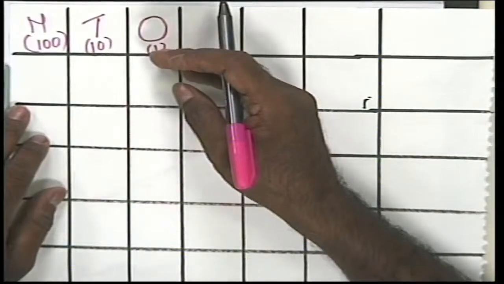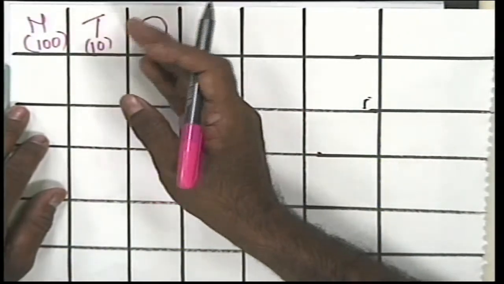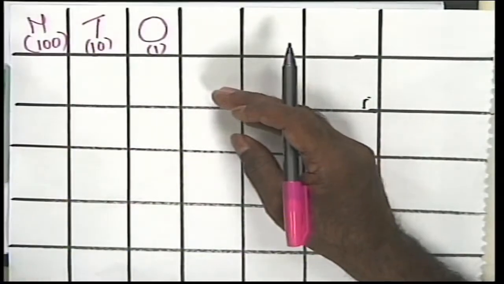The second one, tens, is 1 multiplied by 10, and the next one is 10 multiplied by 10, and the place values change in that way to the left.